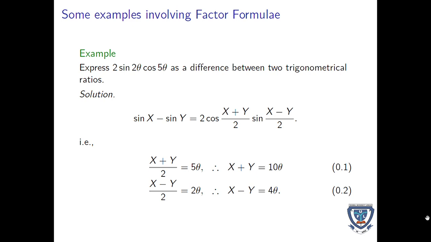That is the identity we are going to choose, and when we do that, we will represent (x plus y) over 2 with 5 theta and (x minus y) over 2 with 2 theta, and therefore x plus y will give us 10 theta while x minus y will give us 4 theta.